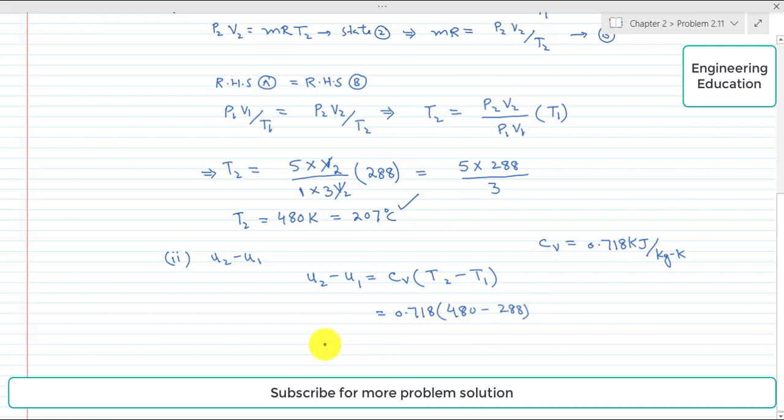Simplifying this, we get the change in internal energy, or the increase in internal energy, 138.8 kilojoule per kilogram. So this is the required solution of problem 2.11.